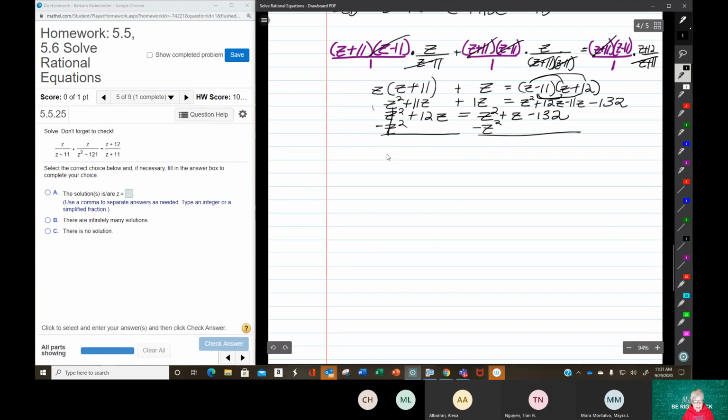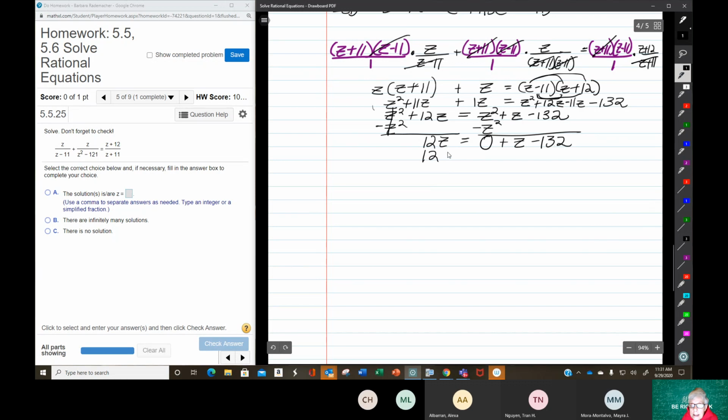Z squared minus Z squared is 0. That leaves me with 12Z on the left side, and I'm left with Z minus 132 over on the right side. Well, 0 minus 132 is negative 132.